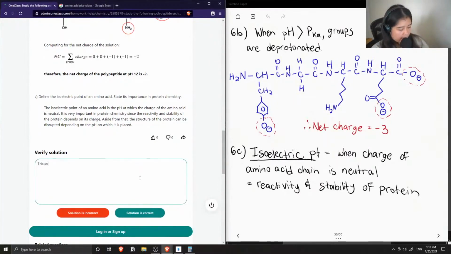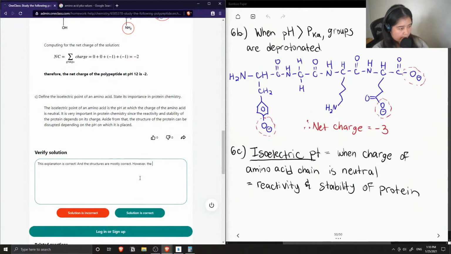Okay, so this solution, I'll say explanation, and the structures are mostly correct.